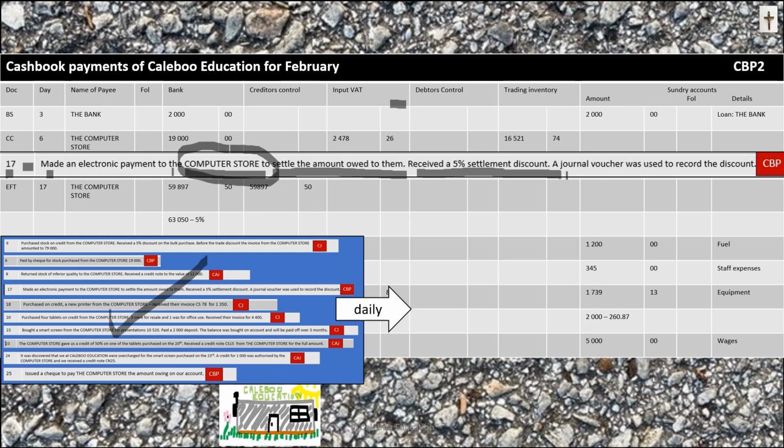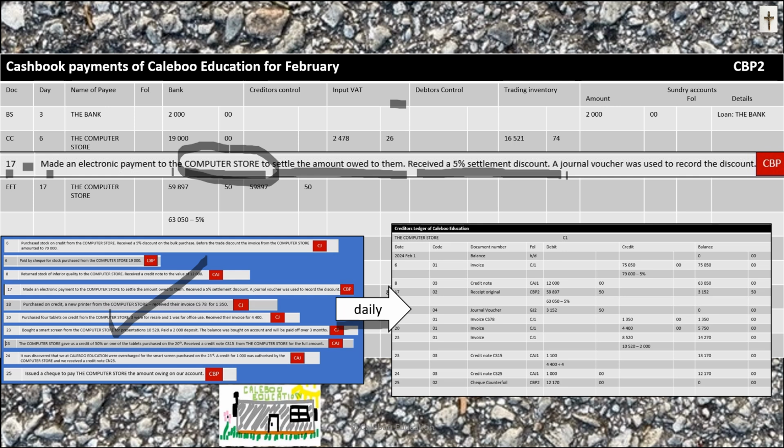Now this is a little bit small, but it's not a problem. What I've done is I've taken a screenshot of all the transactions that relate to the computer store. In reality, on a daily basis, all those transactions would be transferred to the creditor's ledger, and the account would be the computer store.